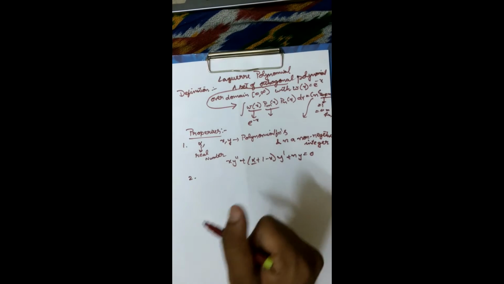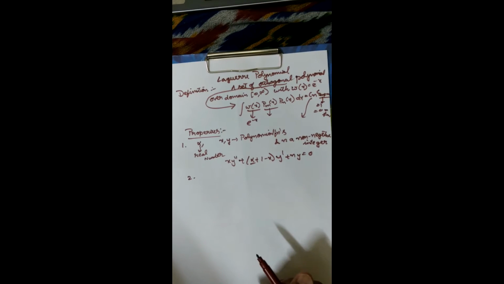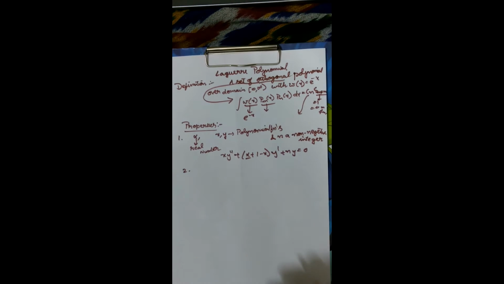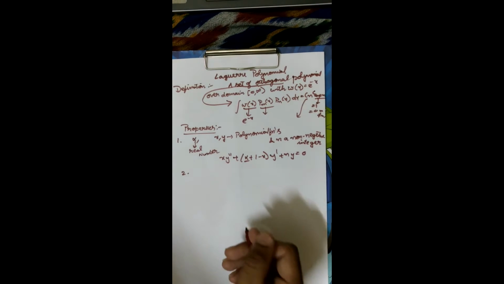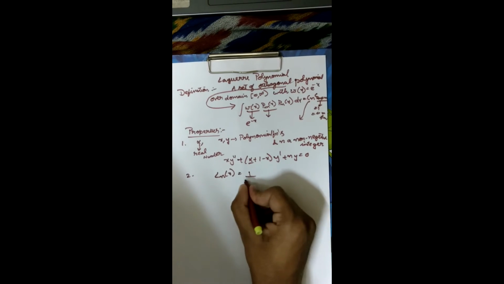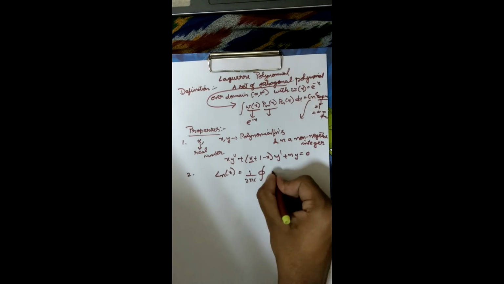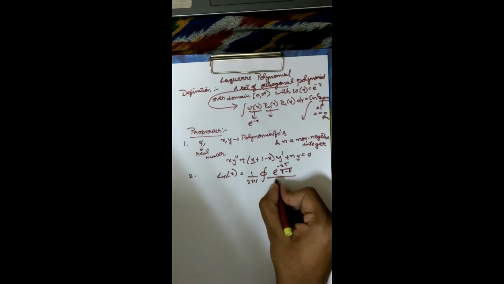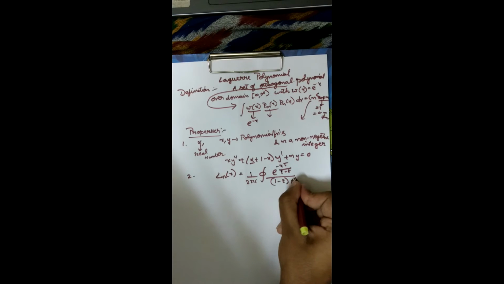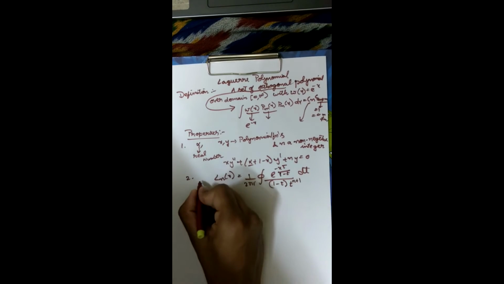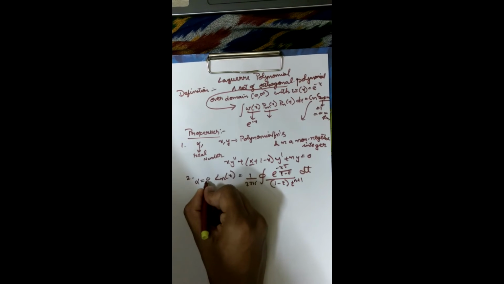In general, we express it for alpha equal to 0. We will see the cases for alpha equal to 0 in some situations. Now, expressing the Laguerre polynomial in contour integral form as follows. Here we are considering the case of alpha equal to 0.